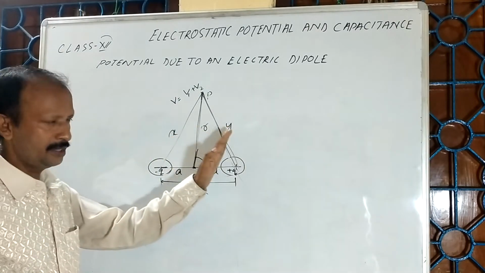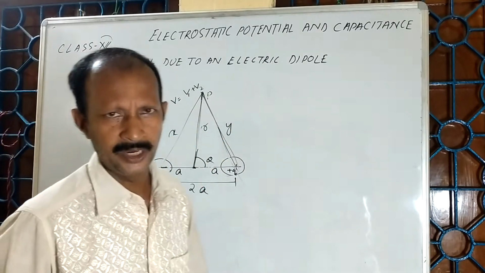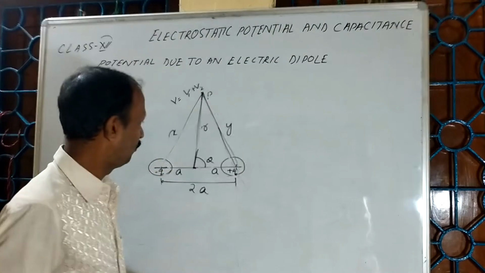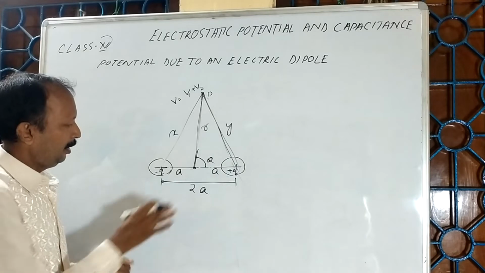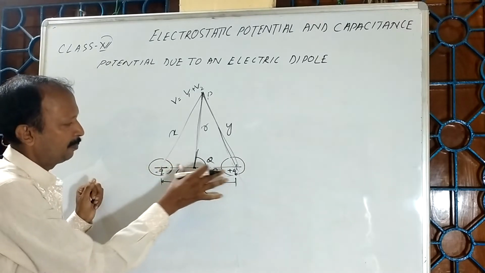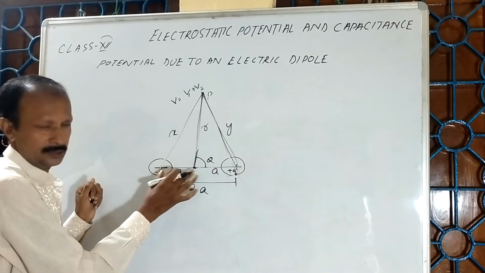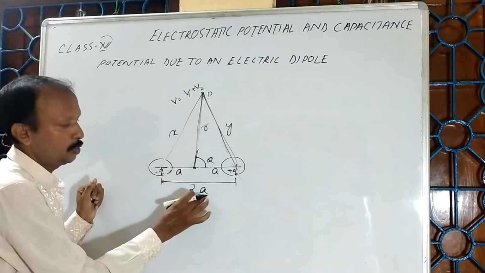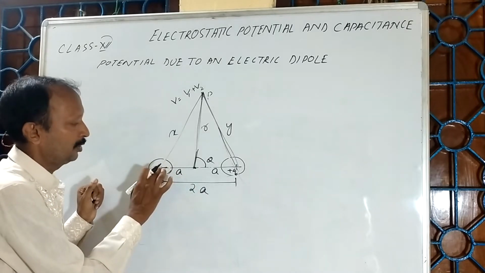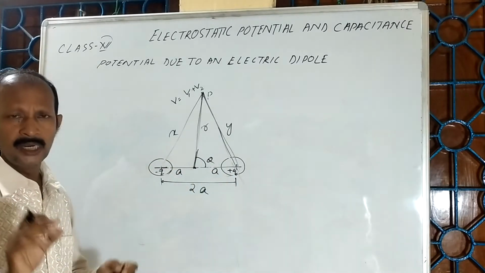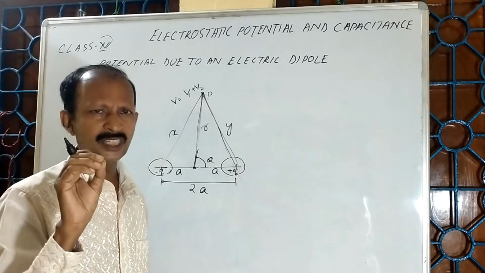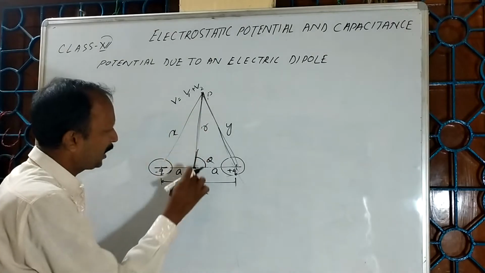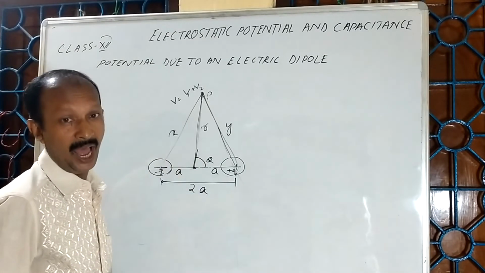These are intermediate distances, but I have to express the result in terms of a and theta. a is half of the dipole distance. Here I have taken the dipole as 2a, the distance between the negative charge and the positive charge. But this distance a is very small in comparison with the distance r.